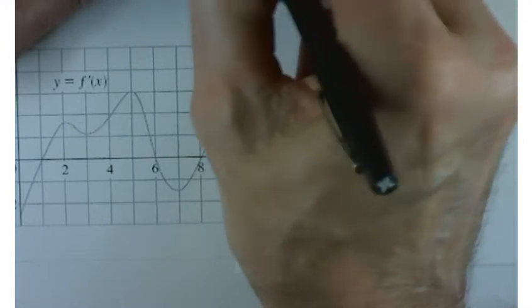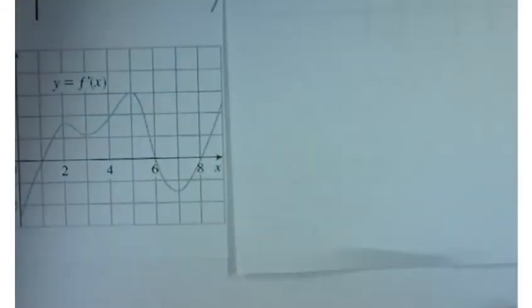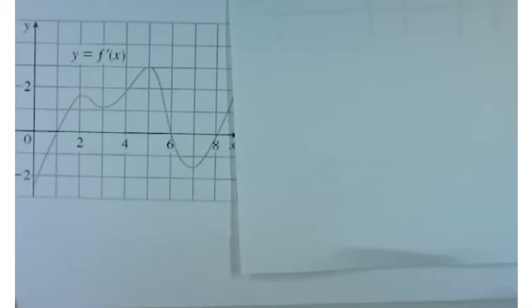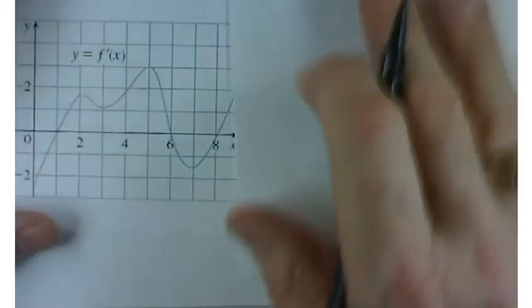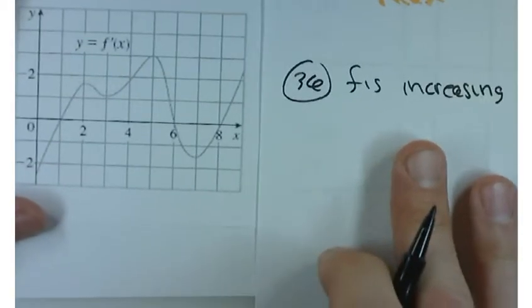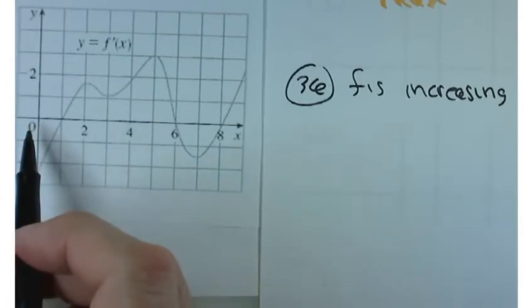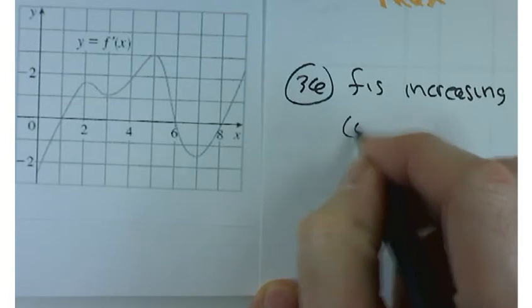F is increasing. Let's assume that the function starts at 0. Where would f be increasing? From 0 to what? All right, from 0 to 2.